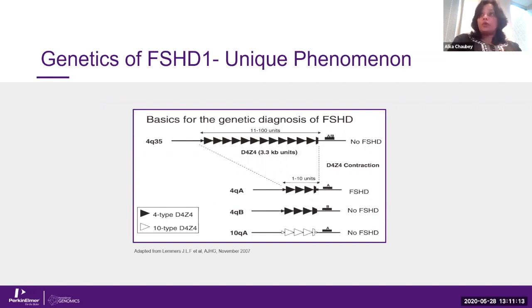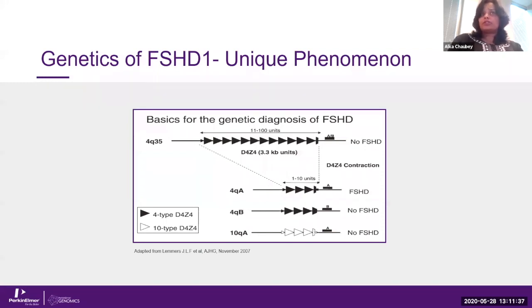On chromosome 4, at the band position Q35, there is this repeat cluster D4Z4. It is a 3.3 kb unit repeat sequence, which is called a repeat array, present here.